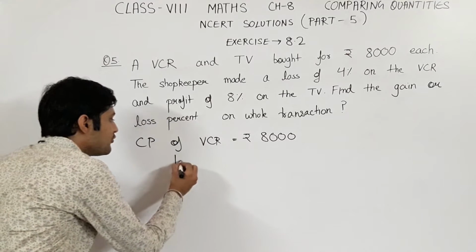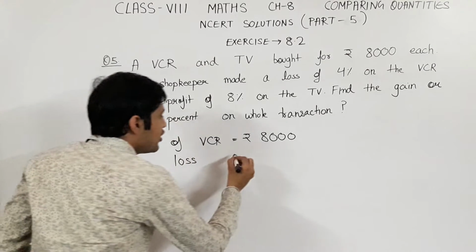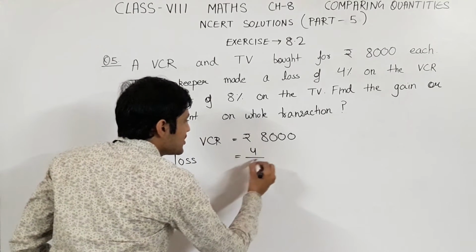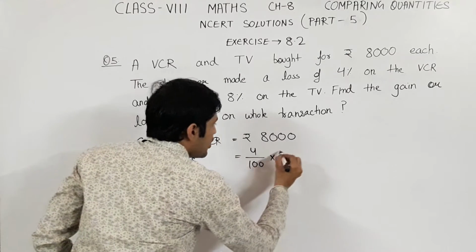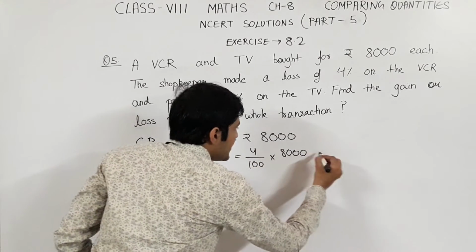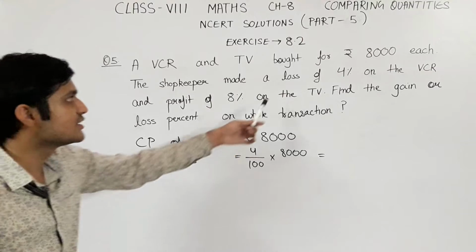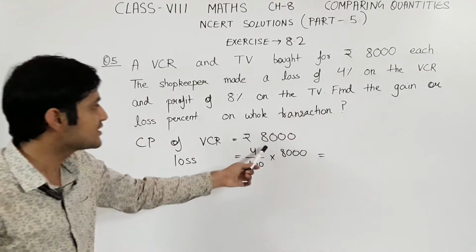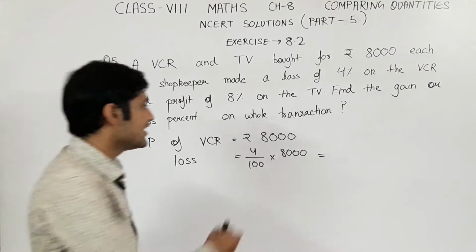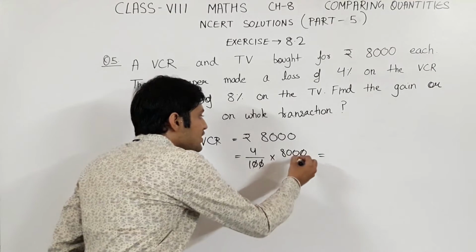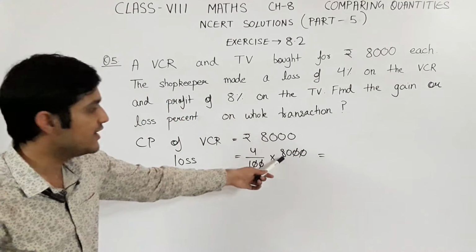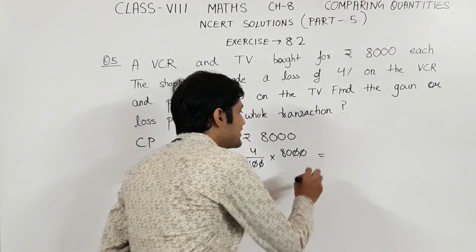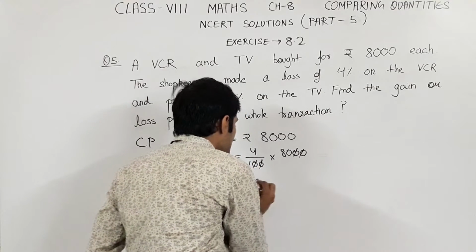So amount of loss will be 4% of 8000. Okay. Loss is 4%. So 4% of cost price, that is 8000. So the amount of loss will be 80 multiplied by 4, that is 320.